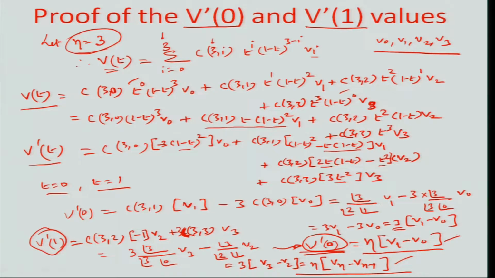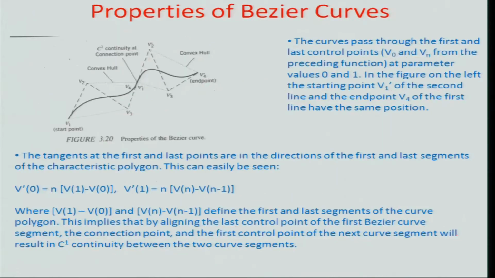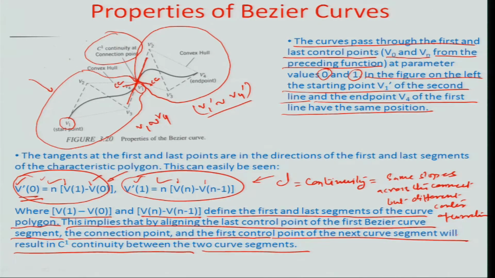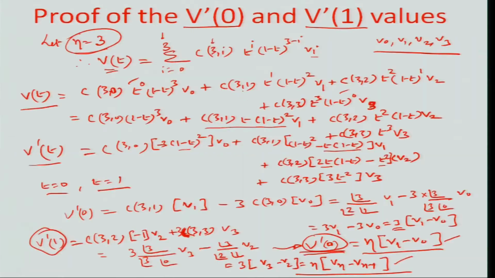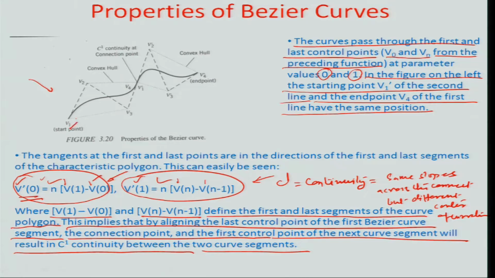So, in a nutshell, just going back to the earlier slide, for the first convex hull, I am just going to rub off a few things here for the benefit of clarity. In this particular case we are plotting two sets of points. One set is between V1 all the way to V4, another set between V1 dash all the way to V4 dash.